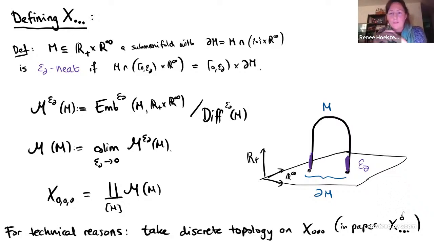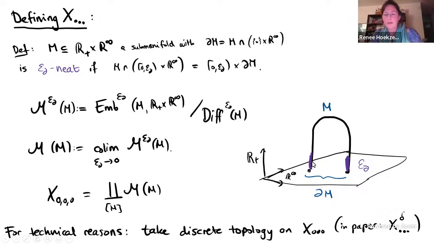The way we think about manifolds, which is very analogous to how people think about them in defining topological cobordism categories, is as a subset of R infinity. In this case, we want to define a manifold with boundary as a subset of R plus times R infinity, a submanifold in such a way that the boundary lies on 0 times R infinity.